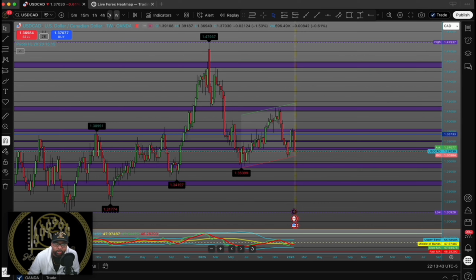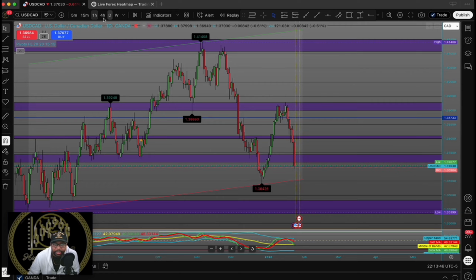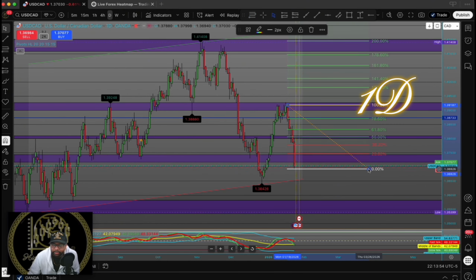In the weekly chart, let's go back to the daily chart so we'll break it down a little bit better. Break it down from here to here. Okay, the market has the potential to look like this. Go to 161, 178. If it doesn't break 100, let's say it goes 161, 178, 161.